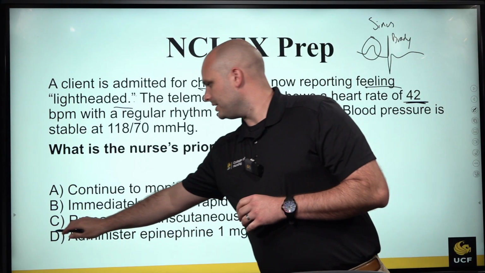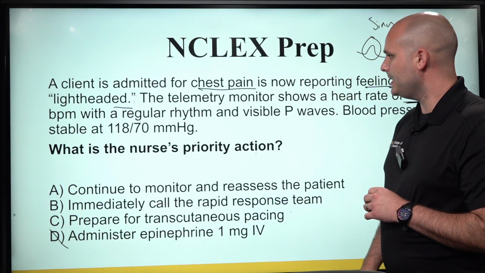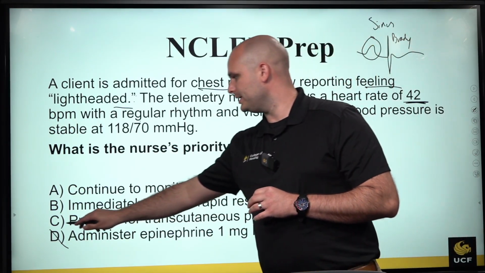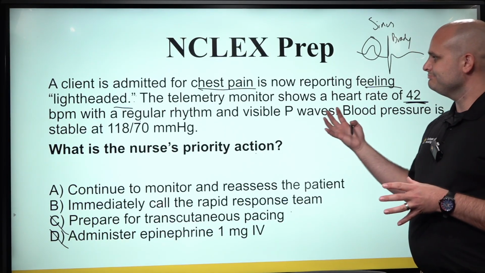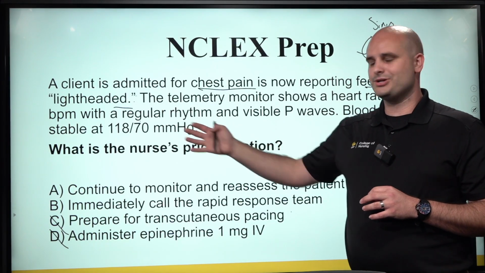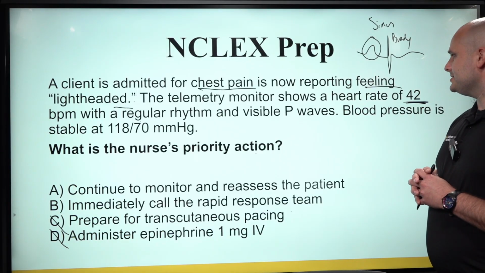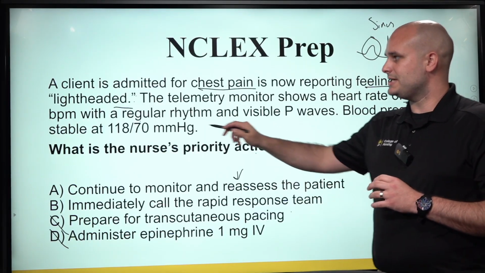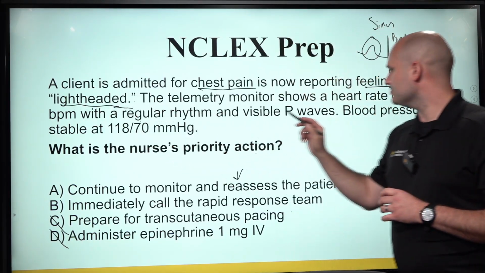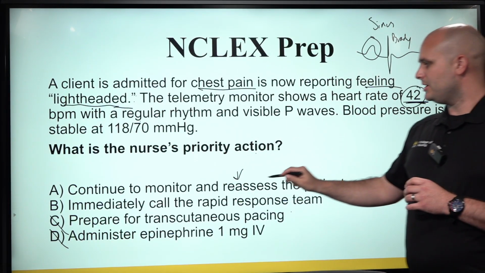Well, I don't think we're going to give epi because their blood pressure's okay. I don't think at this point they need transcutaneous pacing because they're making a good pressure. Continue to monitor and reassess. That could be, but the patient's having new onset symptoms with a change of rhythm. So continue to monitor and reassess.